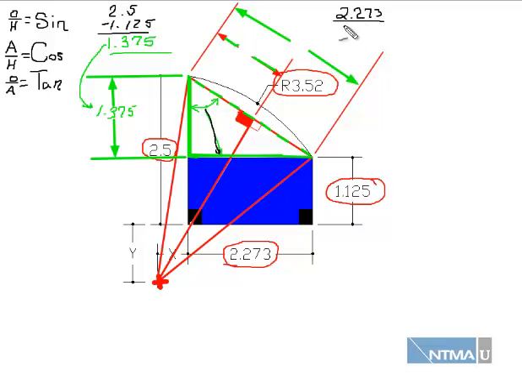Remember, you have to put this just the way that you see this. So the opposite side equals 2.273. Okay, it's got a line on it just like that. Now we're going to plug in the adjacent side. The adjacent side equals 1 inch 375 thousandths.